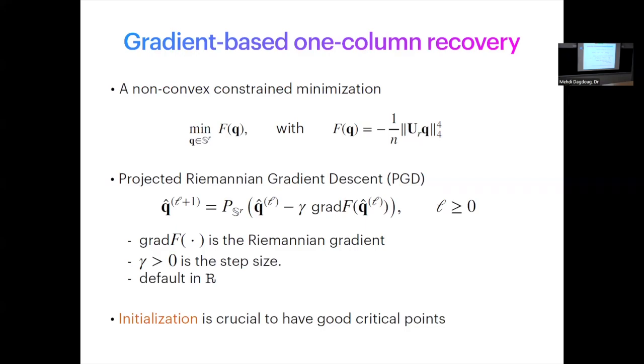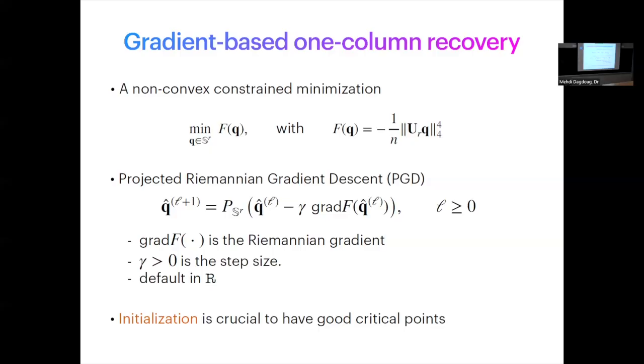The reason we chose projected Riemannian gradient descent is that for our analysis, we want to characterize its first order stationary points, and this is a first order algorithm. We found that working out its stationary points is pretty easy, and the projection is very cheap. The projection is one dimensional, so the Riemannian projection is very cheap.